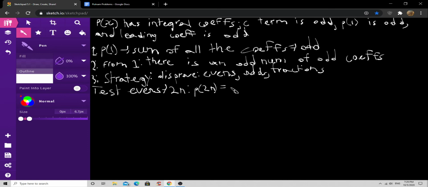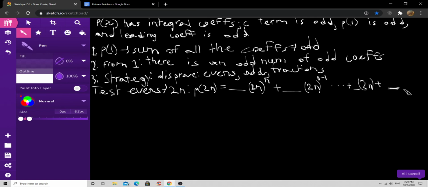So we'll have something here times 2n to the n, plus something here times 2n to the n minus 1, all the way to plus something times 2n, and then plus some constant here, which is odd, and that's key.